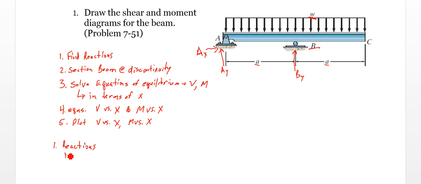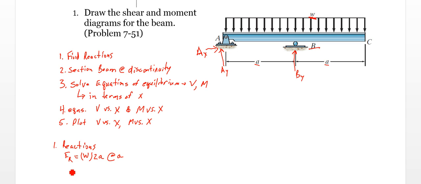So we're going to have our resultant force of our distributed load. It's going to be W times 2A. And where will that be acting? Well, this is a nice constant load, so it's going to be acting right at the midpoint of that load. So it's going to be acting at A. So there's that resultant force.